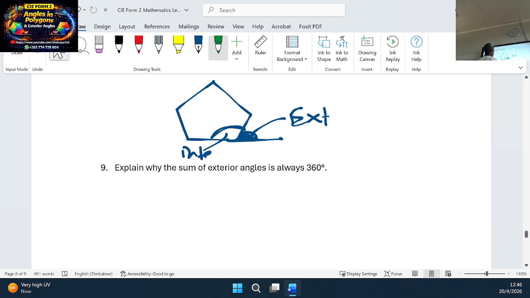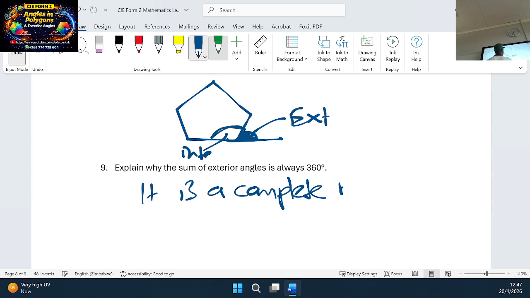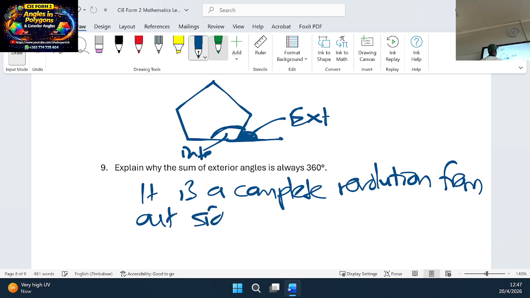Explain why the sum of exterior angles is always 360 degrees. Because it is a complete revolution from outside the shape.